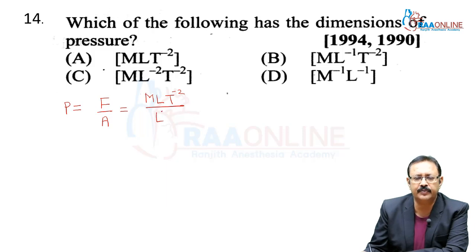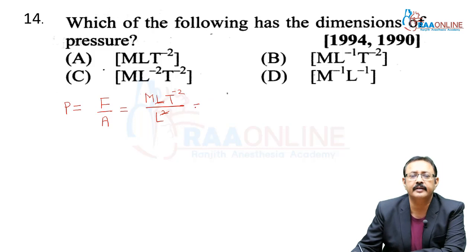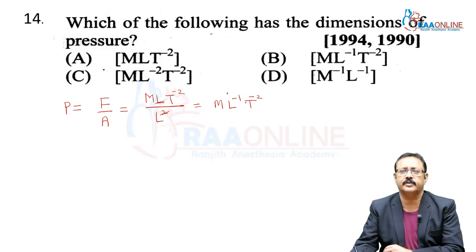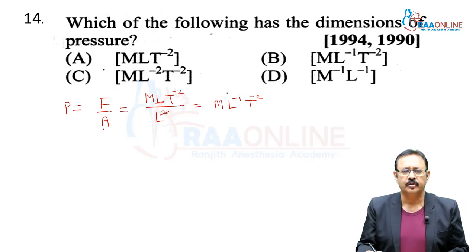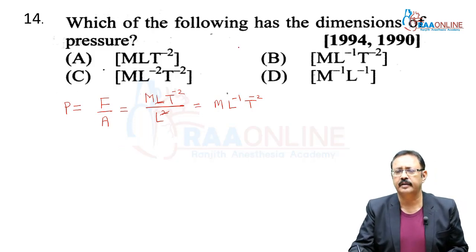Area means L square, cancel one L. So we are getting ML minus 1 T minus 2. So we are going with option B.